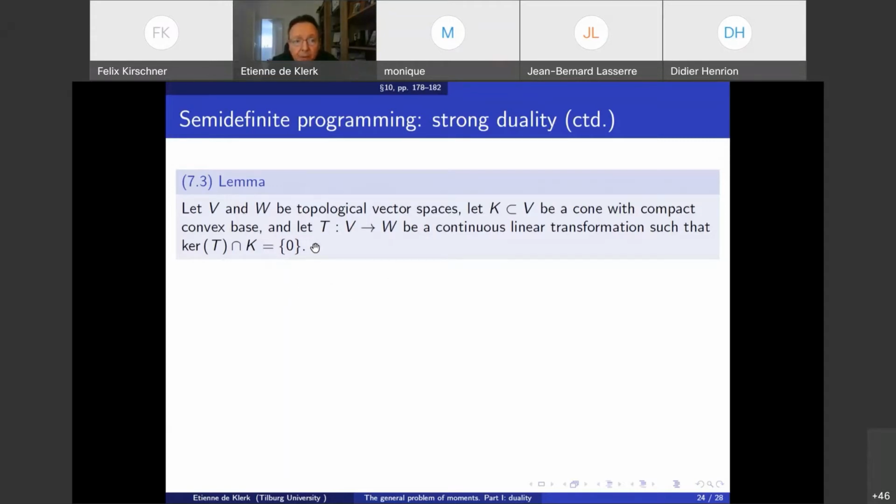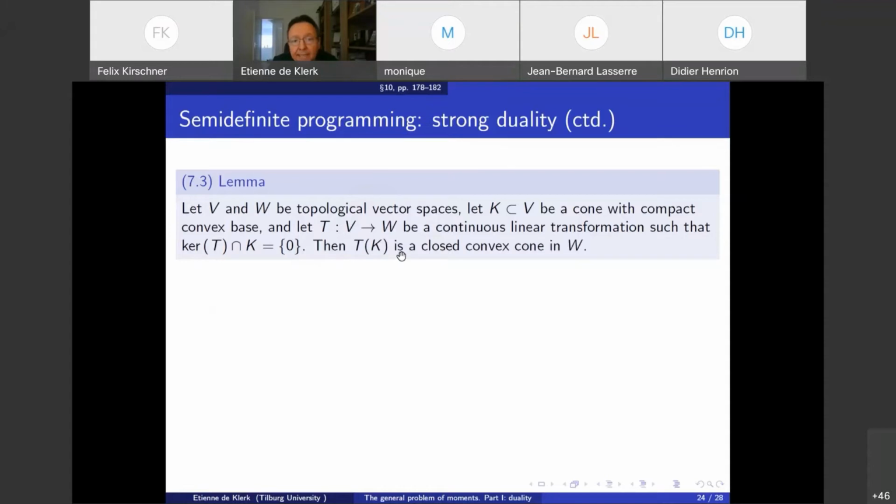Okay, and the next part of the lemma says, let's consider a continuous linear transformation T from V to W, such that the kernel of T has only the trivial intersection with the cone K. So the only element of K that is mapped to 0 by T is the 0 vector.